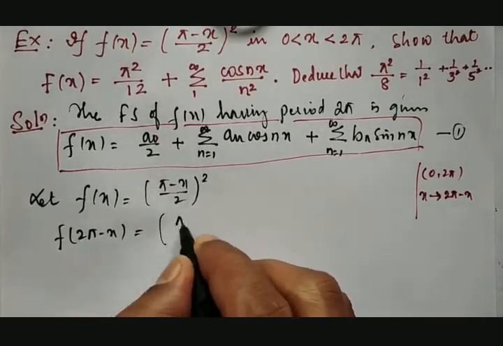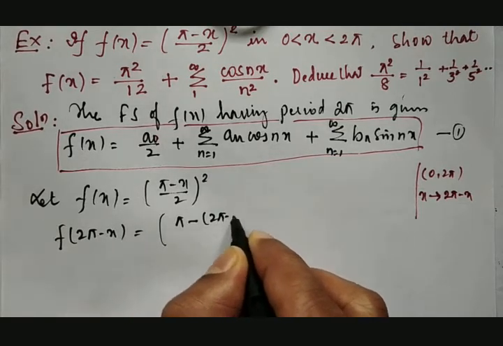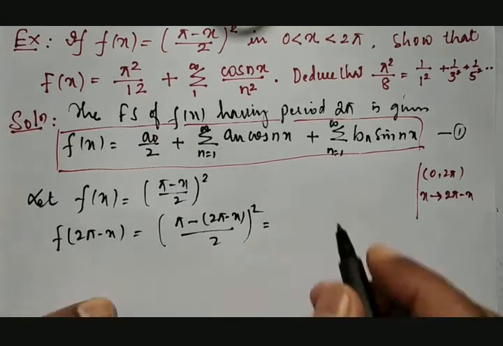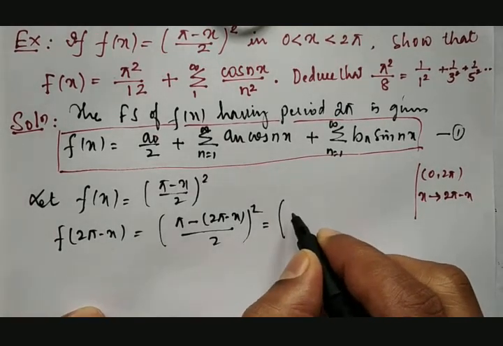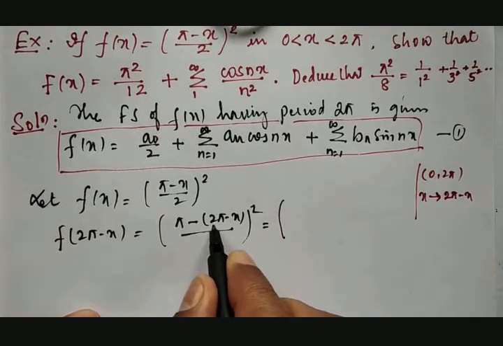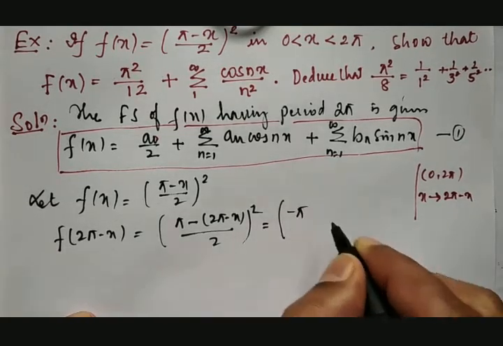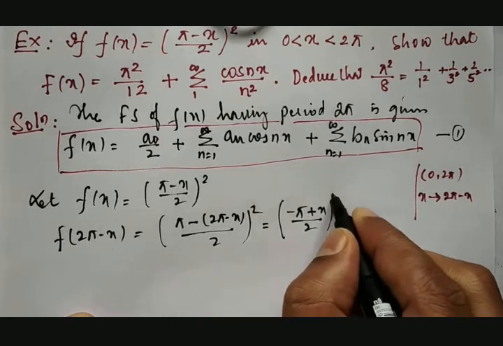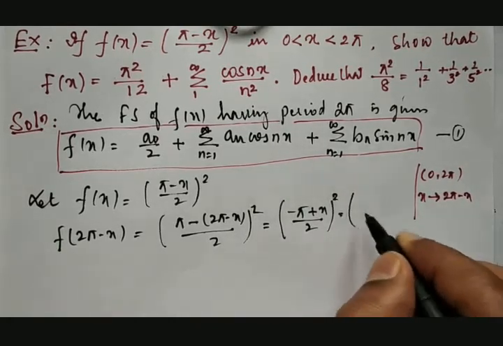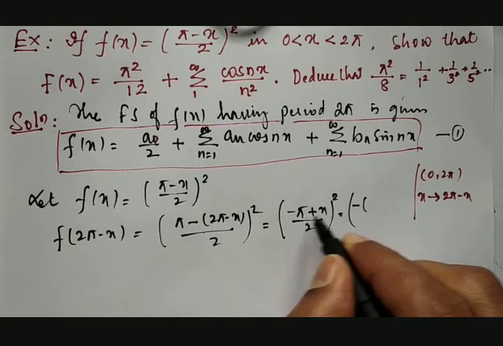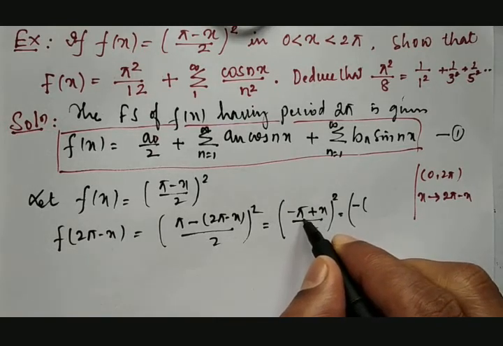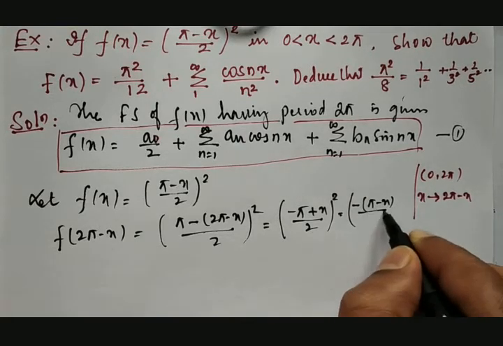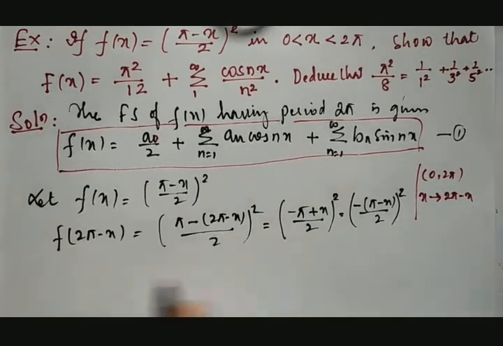Let us see. Pi minus (2 pi minus x) divided by 2, the whole square. Then it becomes pi minus 2 pi, so pi minus 2 pi will be minus pi. Minus of minus plus x divided by 2, the square. If I take minus common from these two, then what remains? I'll be getting (pi minus x divided by 2) the whole square.